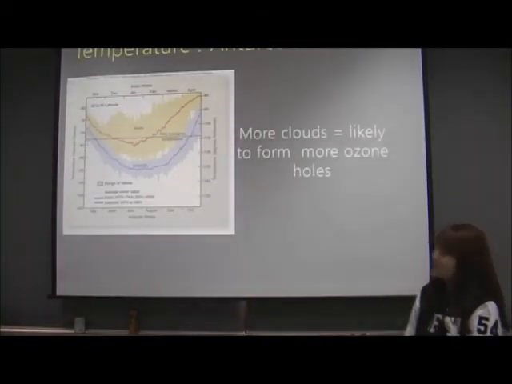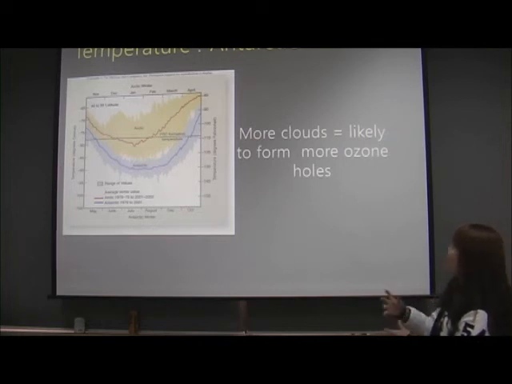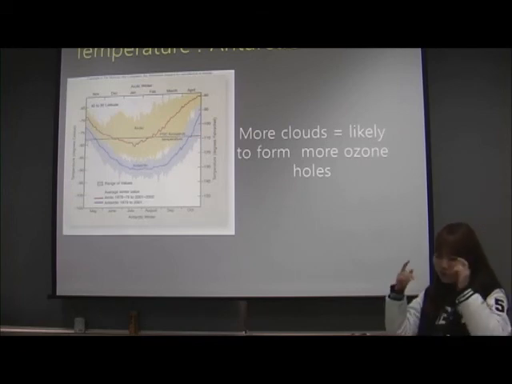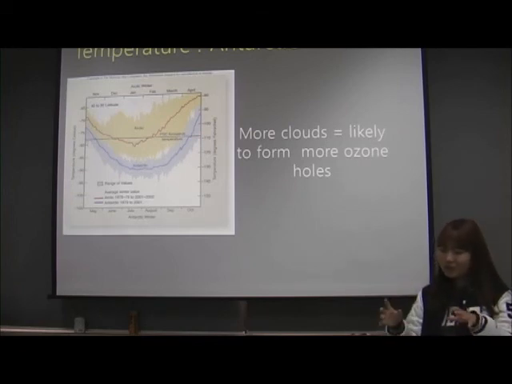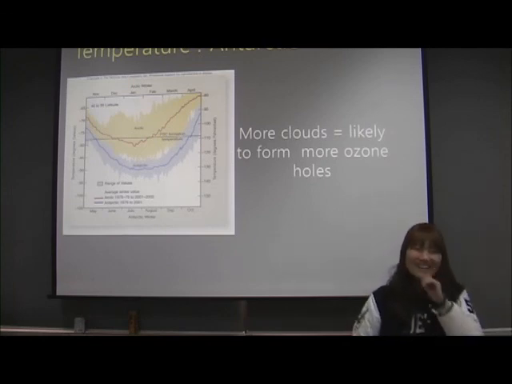And another one is that because Antarctica is colder than the Arctic, in winter it creates more clouds, which means it is likely to form more ozone holes. So if we talk about the ozone hole, we usually focus on Antarctica. So it's the end. Thank you.